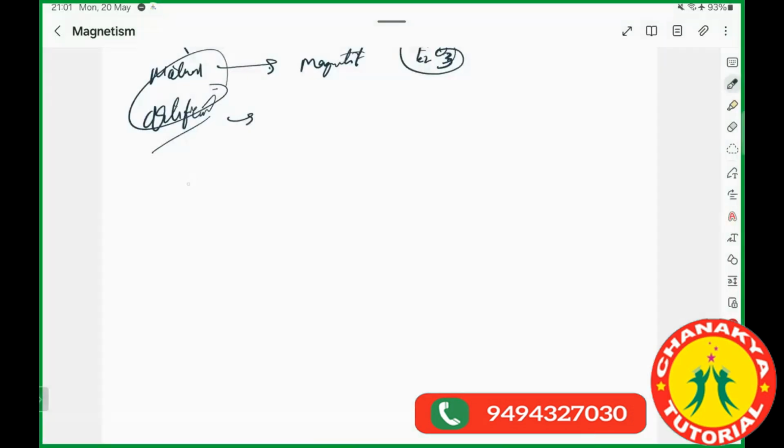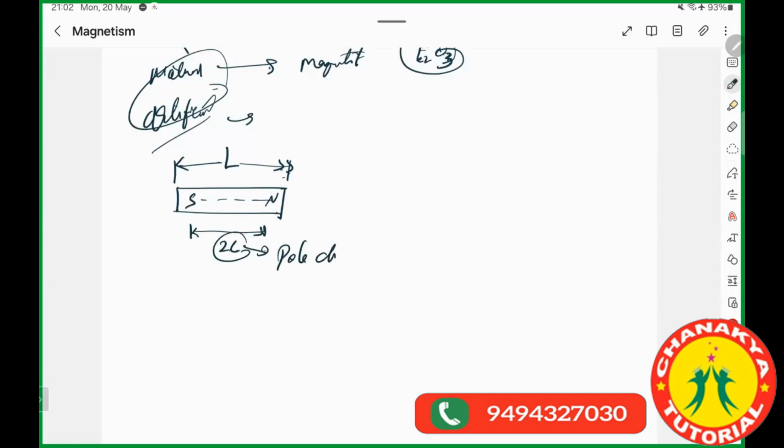If we take the length of a magnet, that is L, the geometrical length, and the distance from south to north pole will be taken as 2L. This is the pole distance. Now only this distance will be considered for dipole moment, if you remember dipole moment from the first chapter, similar type.